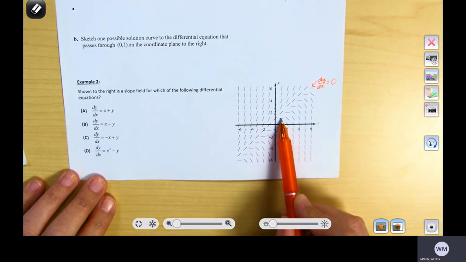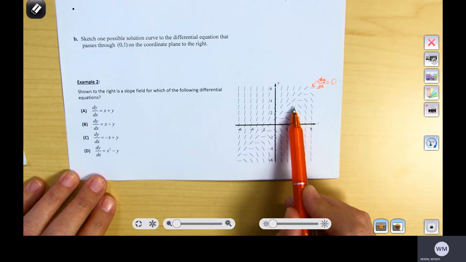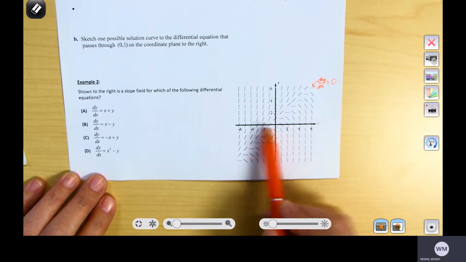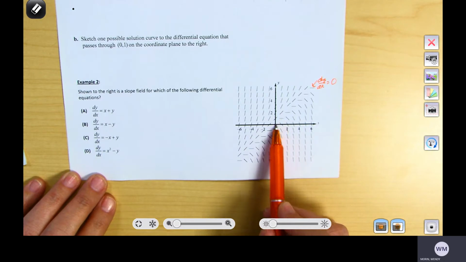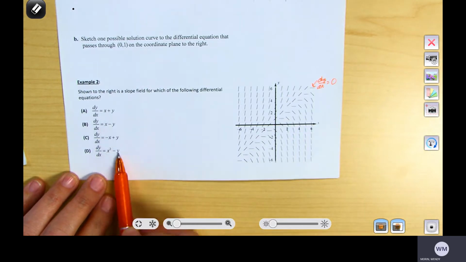That coordinate looks like it's 1, 1. That looks like it's 2, 2. That looks like it's 3, 3. So basically what it's saying is that if our x is equal to 1 and our y is equal to 1, our first derivative is equal to 0. So which one of these would satisfy that?